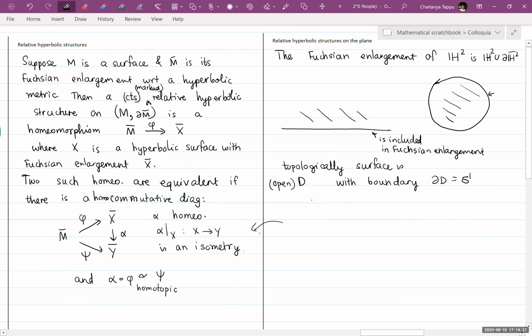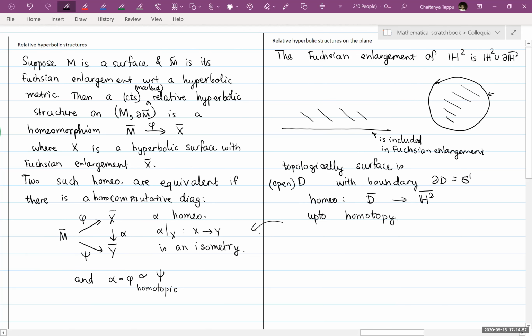And so we're looking at homeomorphisms from D bar to the completion of H2 up to homotopy.